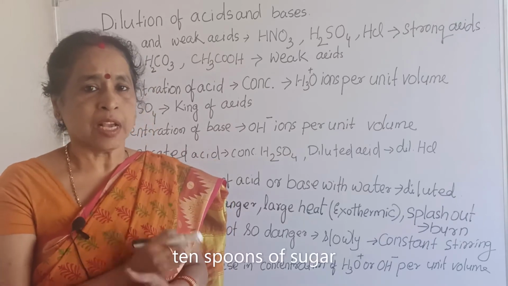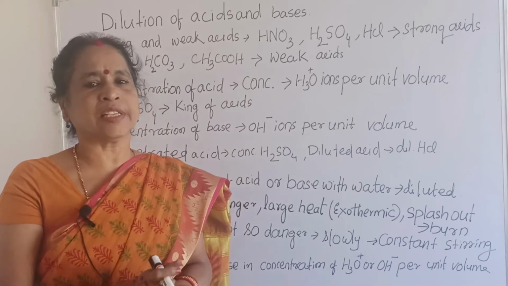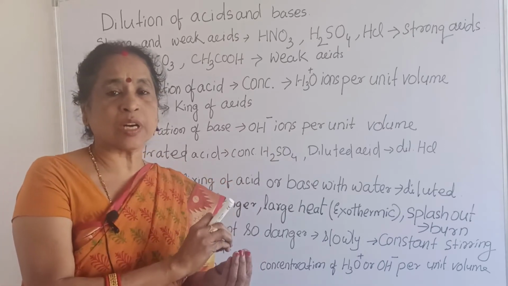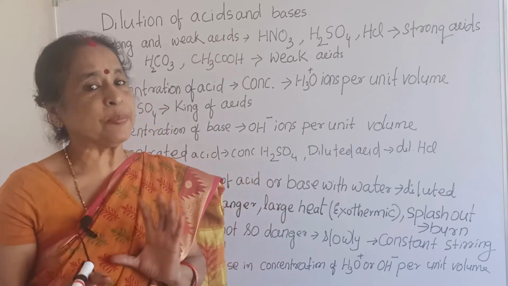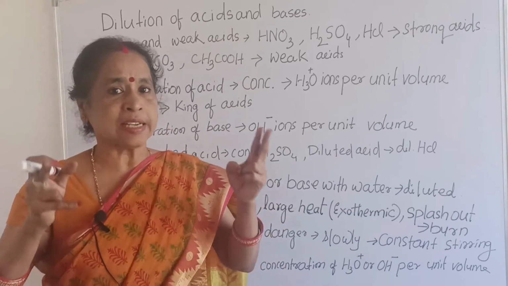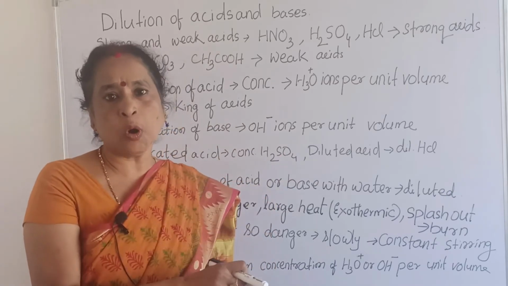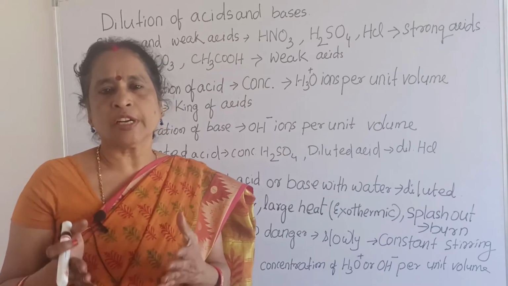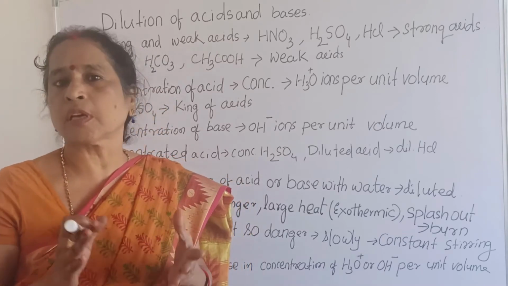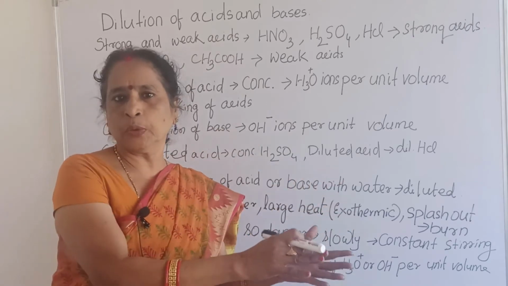Now tell me which one is more concentrated, glass A or glass B? Glass B contains 10 spoons whereas glass A contains 5 spoons. You can say easily glass B, which contains 10 spoons of sugar, is more concentrated compared to glass A.